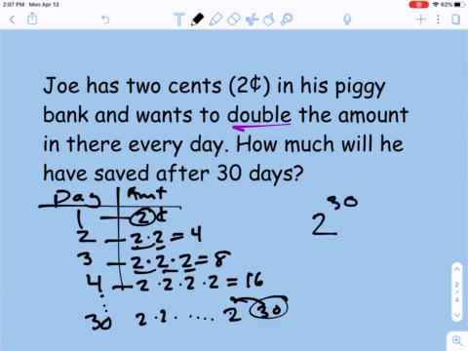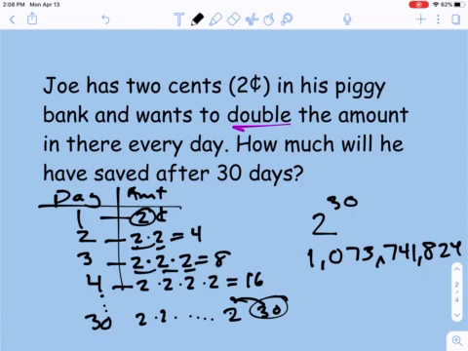All right, and then what you would do is get a calculator out, because even good mathematicians don't generally know what 2 to the 30th power is. They have this nice feature where you can raise it to any power you want. 2 to the 30th power, and you get this staggering, large number: 1,073,741,824 cents.